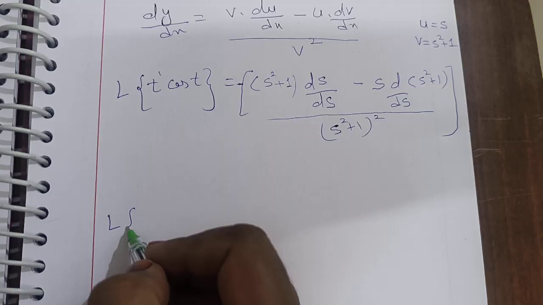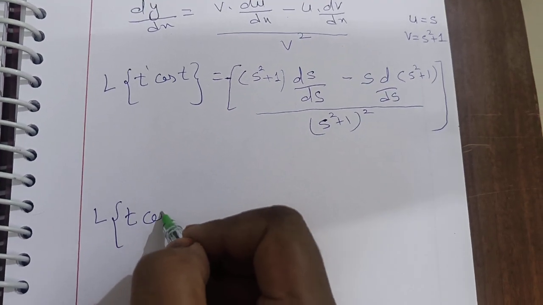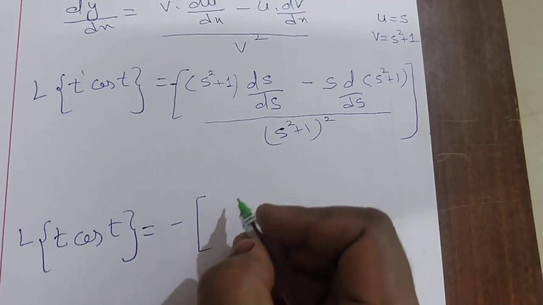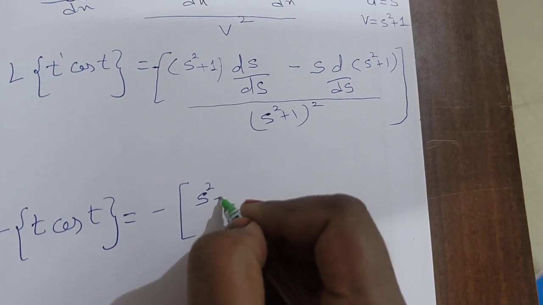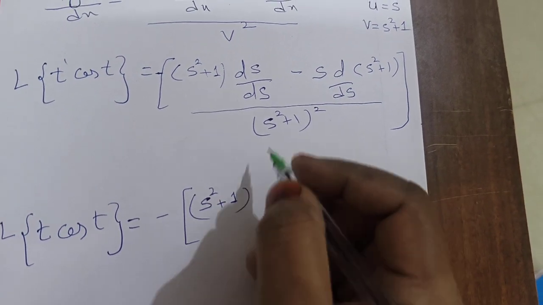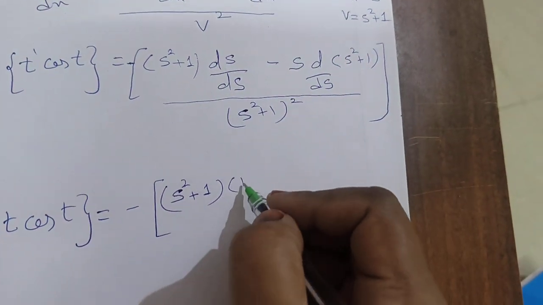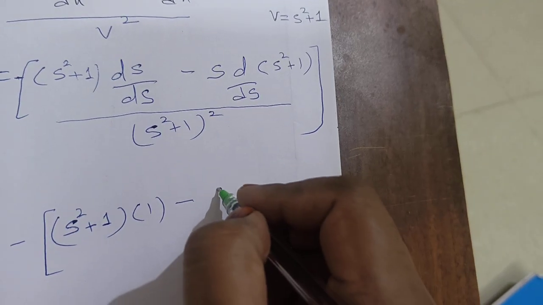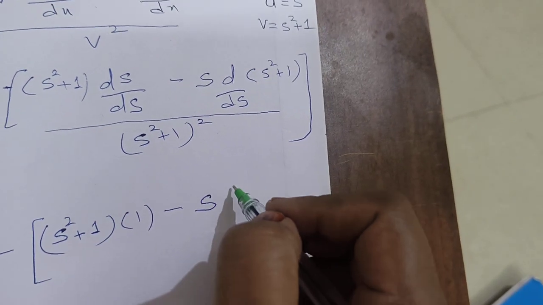So L of t cos t is equal to minus of s square plus 1 times the derivative of s with respect to s, which is 1, minus s as it is outside the bracket.